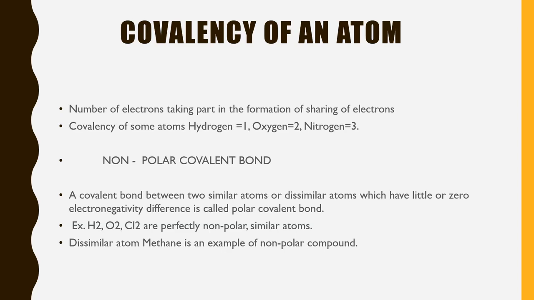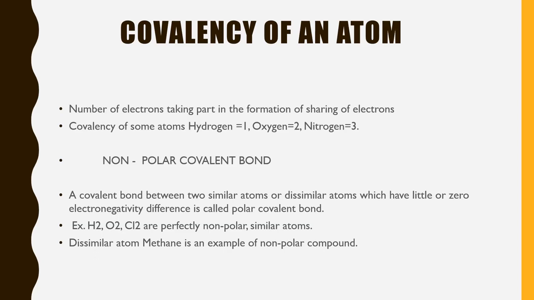Some examples are H2, O2 and Cl2. These are perfectly non-polar, similar atoms. Why are they non-polar? Because only similar atoms take part in making the covalent bond, so they don't have much difference in electronegativity. That's why we say these are non-polar.